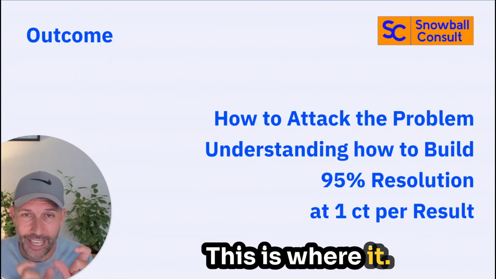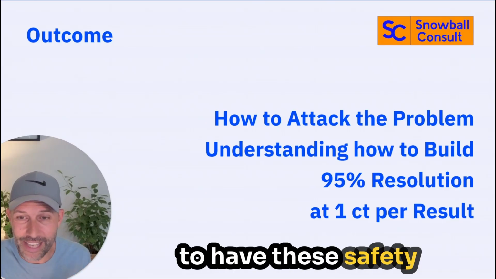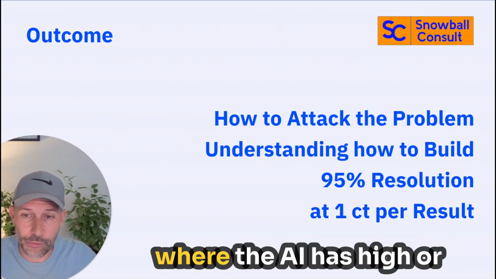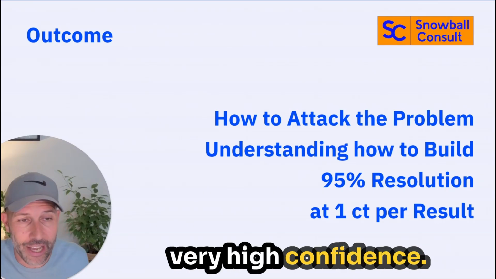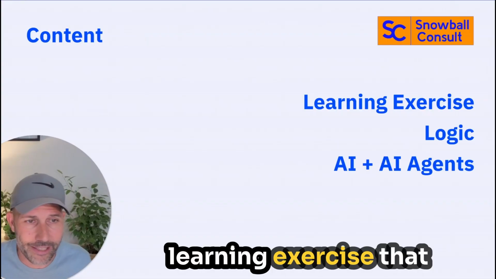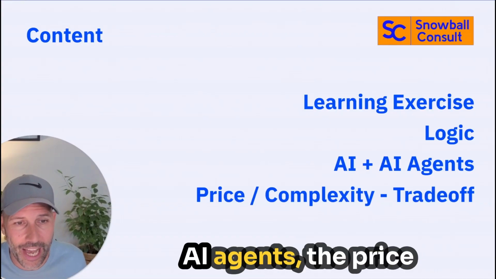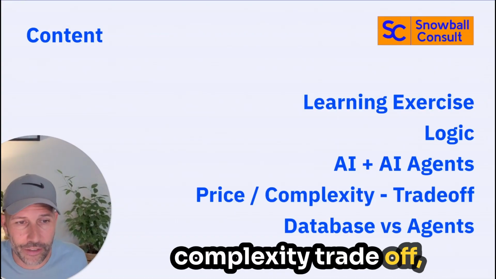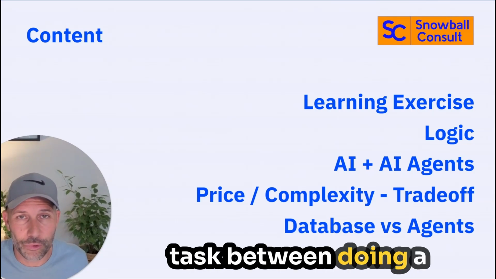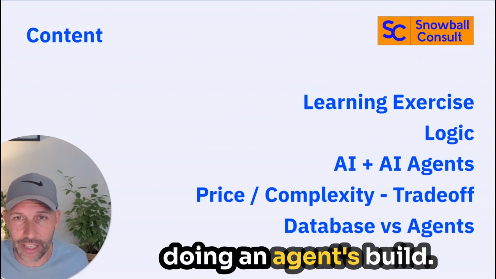This is where it becomes important to have these safety nets of only really outputting results where the AI has high or very high confidence. This is what we talked about. And then that it was a learning exercise, that I talked about logic, AI agents, the price-complexity trade-off, and what's the difference for this task between doing a database lookup and doing an agents build.